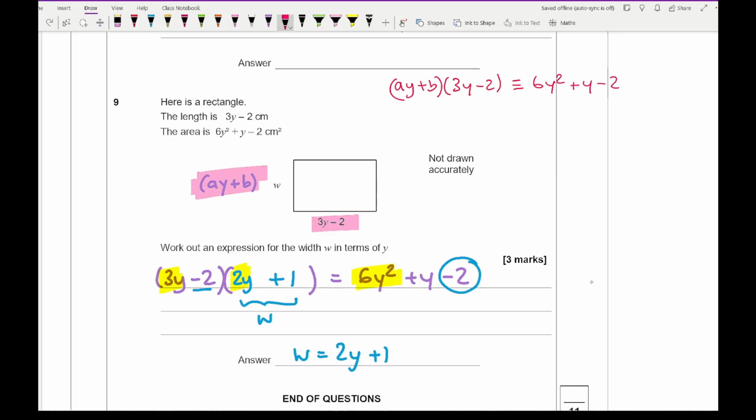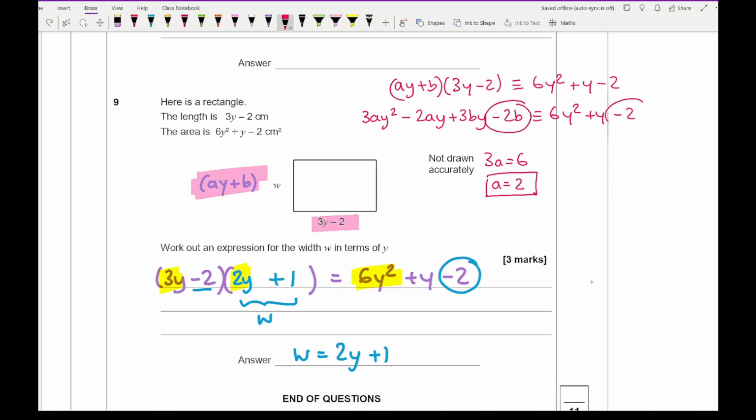If I expand the brackets, I get 3ay squared minus 2ay plus 3by minus 2b. Now in terms of comparing the coefficients, 3a must equal 6, so therefore a equals 2, and minus 2b must equal minus 2, so therefore b equals 1.